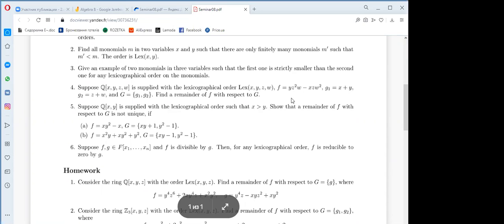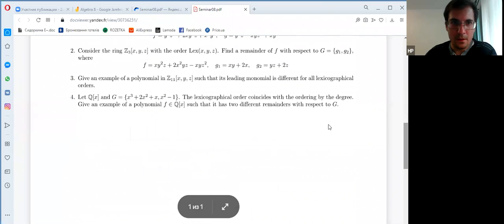Yeah, I've got one question. In the homework, in number 4, what does it mean that the lexicographical order coincides with the ordering by degree if there is only one variable? Let me see. Number 4, yes. The lexicographical order coincides with the ordering by degree.